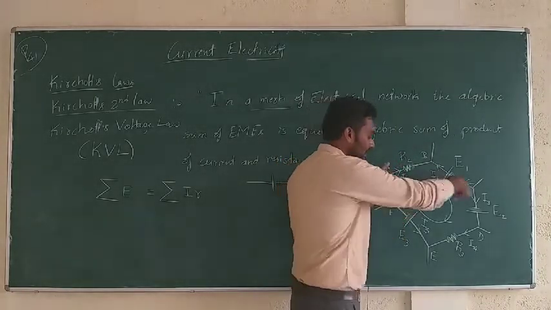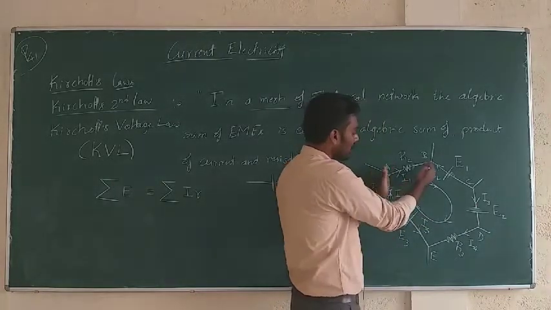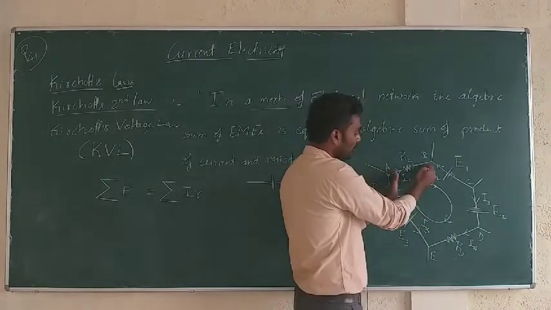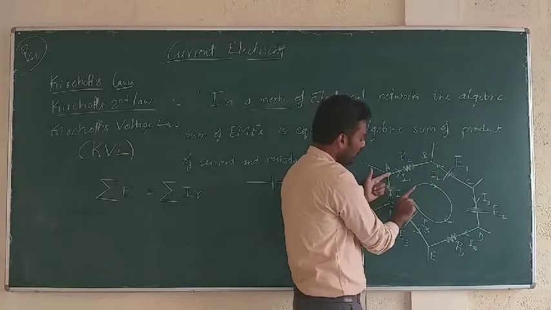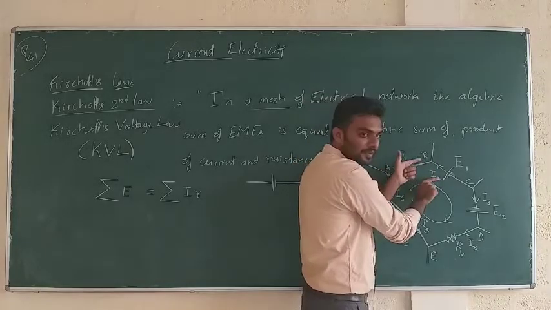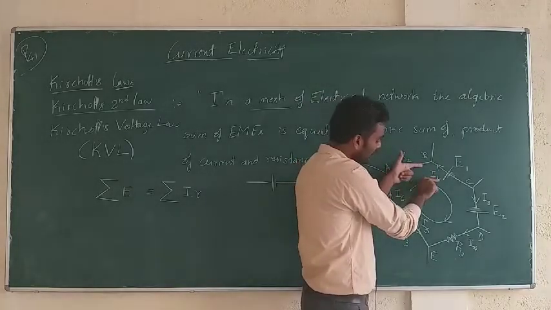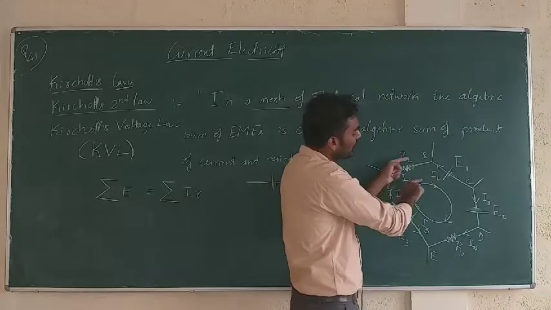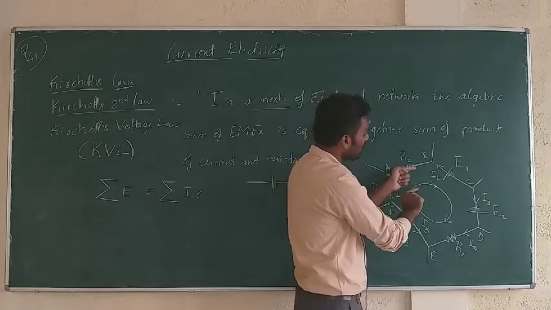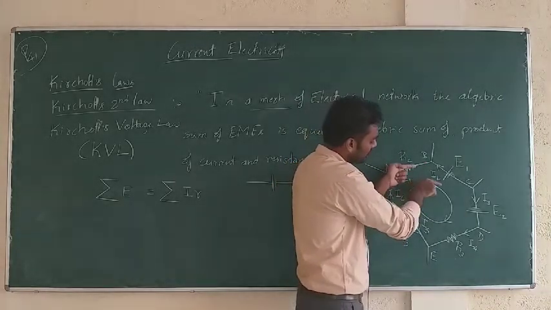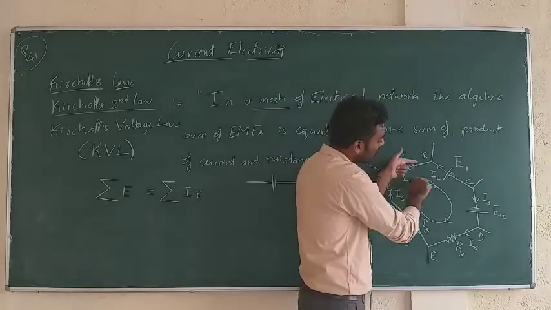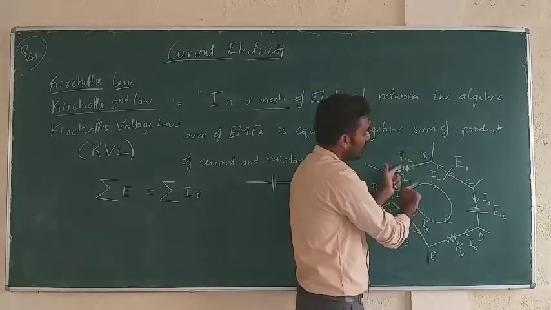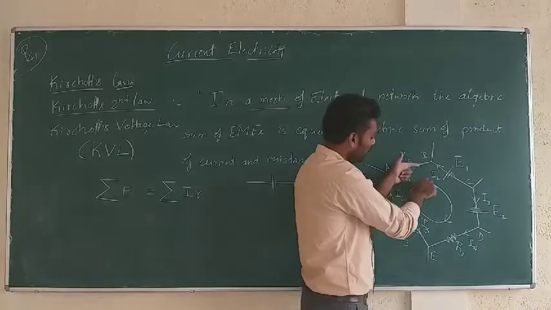Okay, the path is this, and direction of current through this part of the conductor is like this, right? Through the resistor is like this itself. So both are in clockwise direction, the direction of current and the direction of traversal or direction of the path that we have chosen are in the same direction.